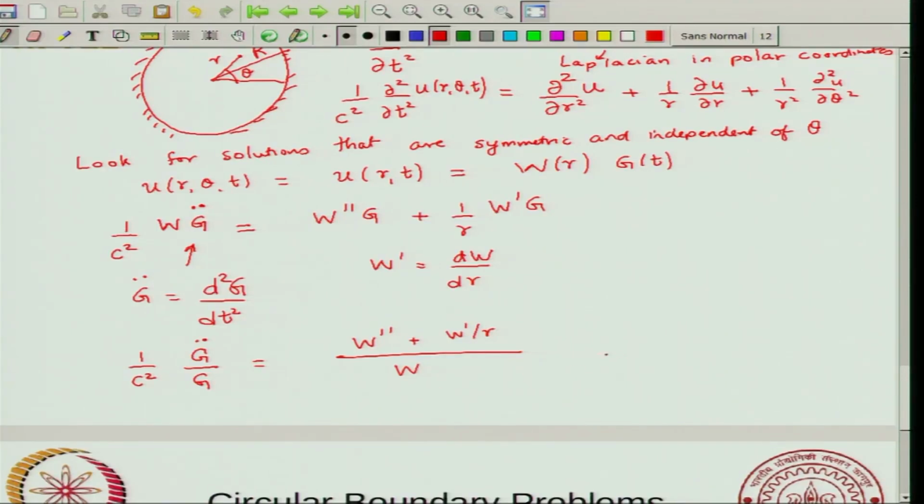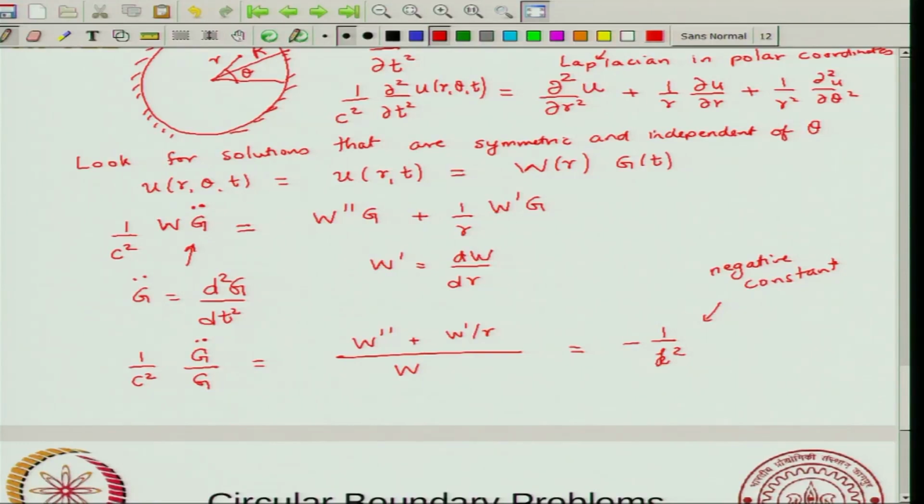So for these two to be equal, both must equal a constant, and you can show that it should be a negative value. I will just take that constant as minus 1 by k square, which is just a choice.